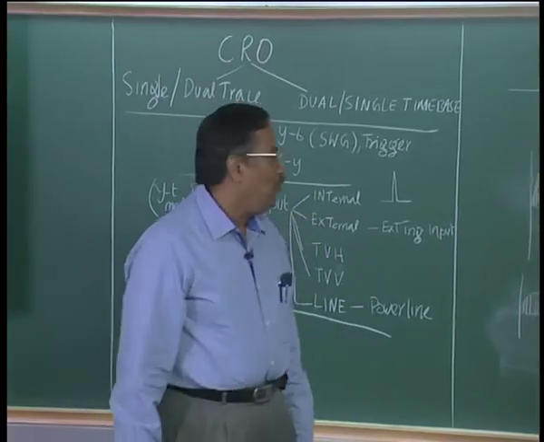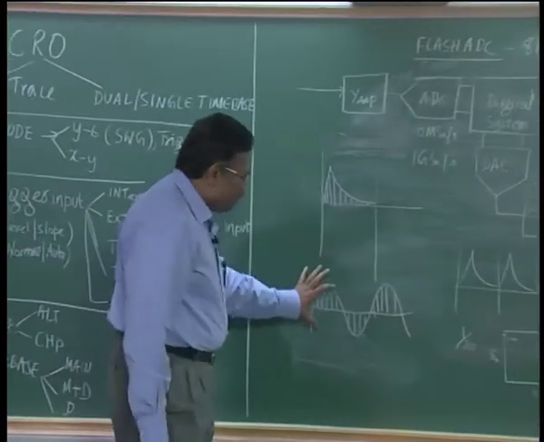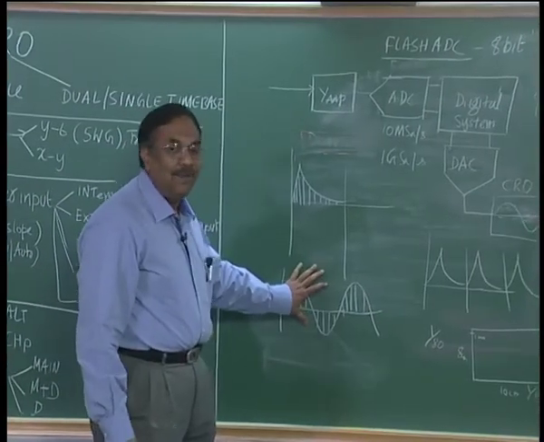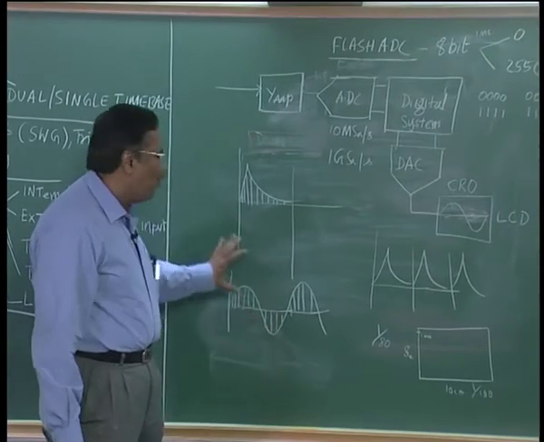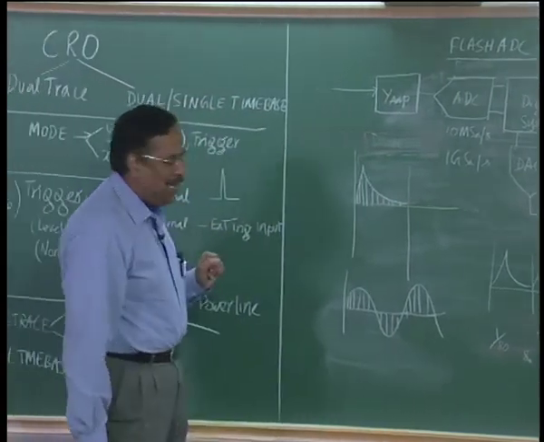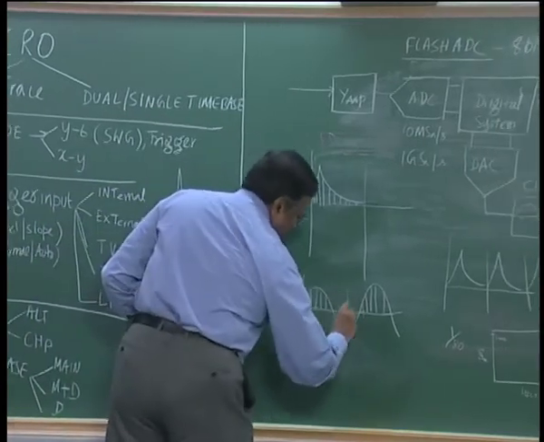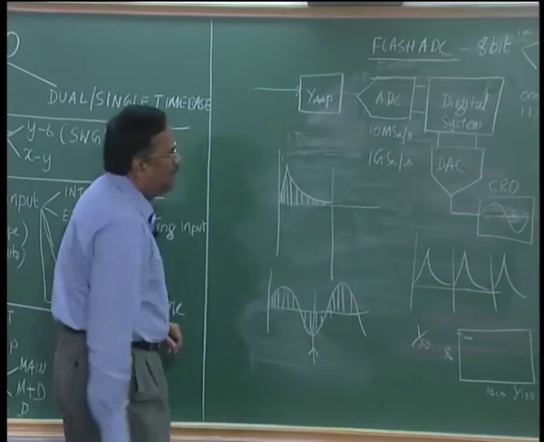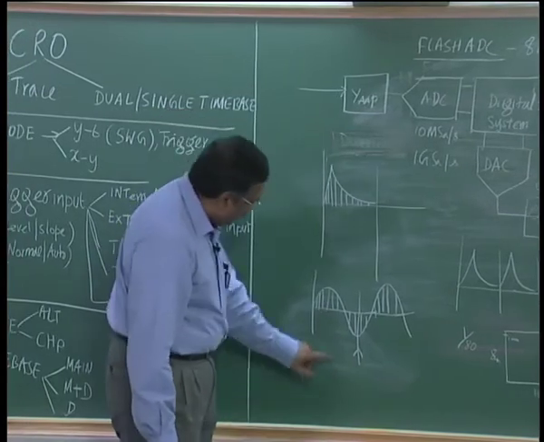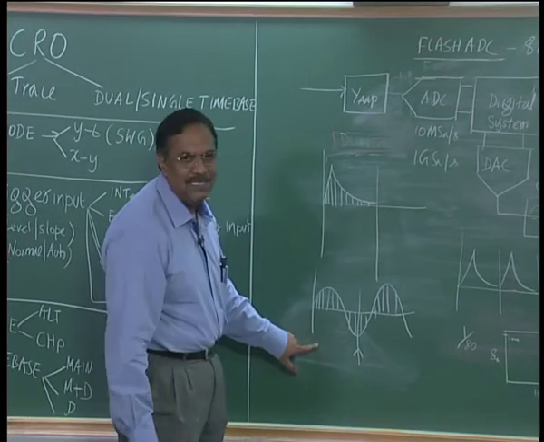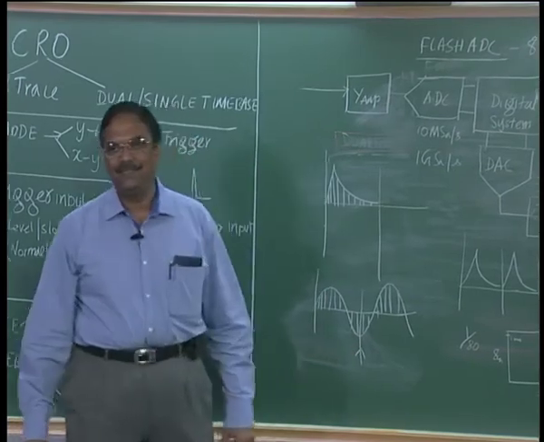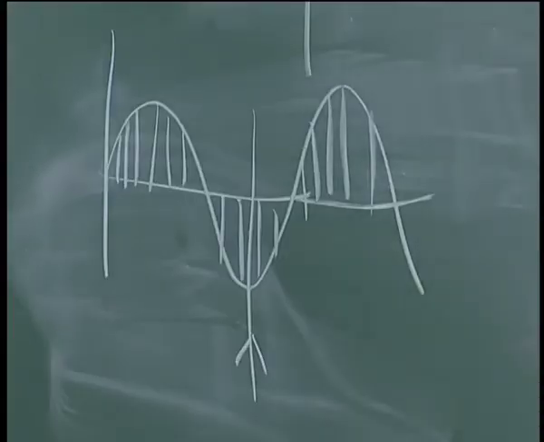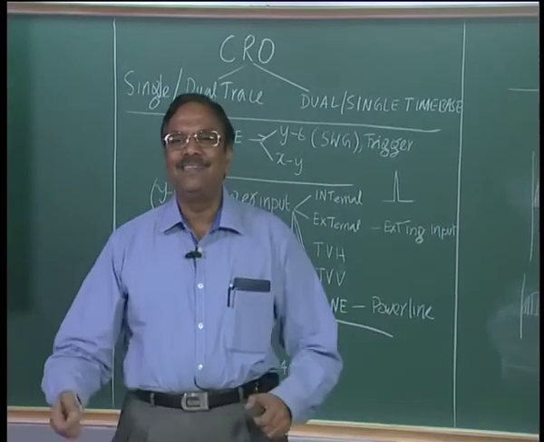Now, because I am going to take samples, there is something that you can do in a digital storage oscilloscope which you cannot do on the analog oscilloscope. I can trigger at a particular point, and because I am going to get all the samples, I can also see what happens prior to the signal trigger. In a digital storage oscilloscope, there is no question of starting a sawtooth waveform once the trigger comes in.